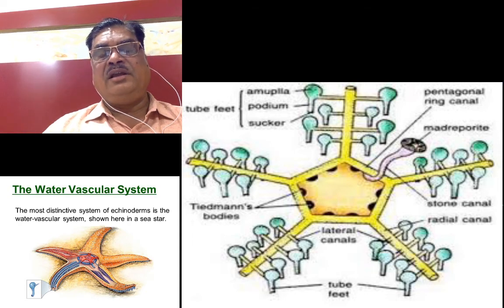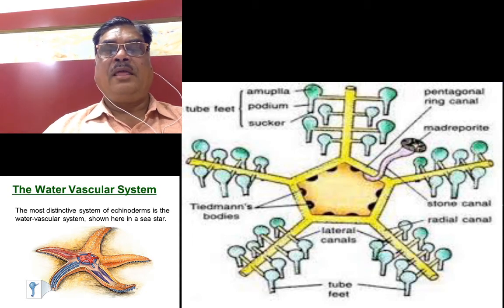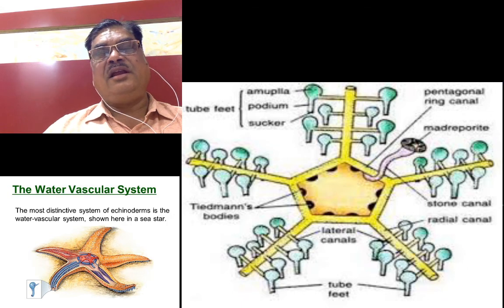It is present in between two arms, and that is called a bivium position. And this aboral surface shows the presence of immovable spines. At the base of the immovable spines, there are pedicellariae, and these pedicellariae are of two types, crossed type and straight type. They are responsible for removing the debris from outside.